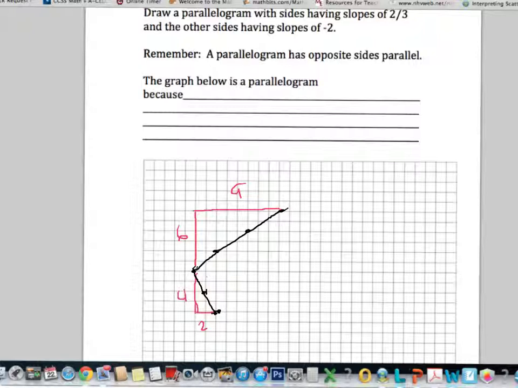And if the opposite side had to have a slope of -2 from what we previously did, we would have gone down 2, 1 to the right, down 2, 1 to the right, and we can also see that that would form a 4 by 2 triangle for the legs, so that those sides would be congruent.